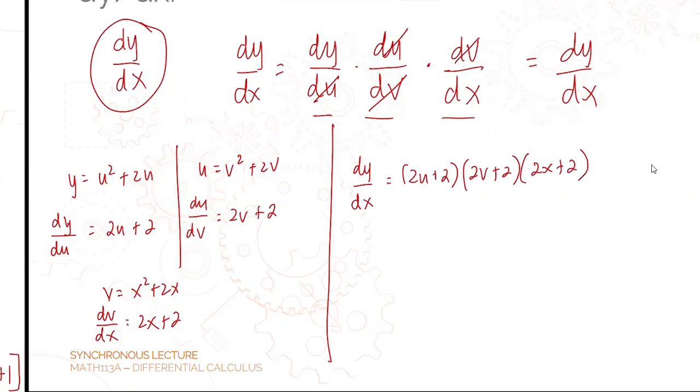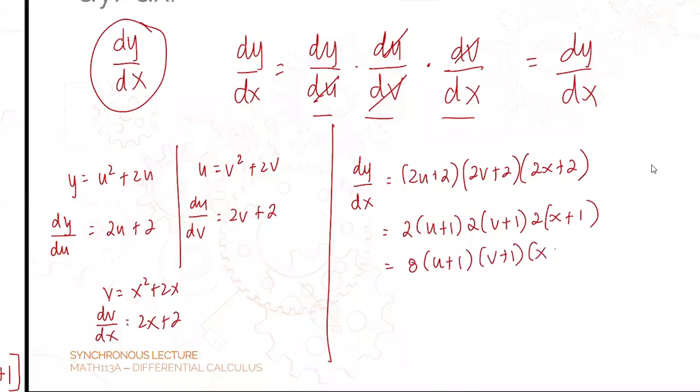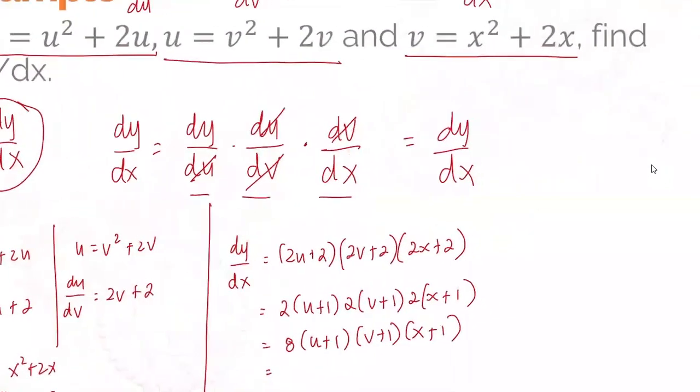So we can factor out the 2 from each: 2(u plus 1), 2(v plus 1), and 2(x plus 1). Or we can take it out as 8 times (u plus 1)(v plus 1)(x plus 1). And then we substitute the value of u, which is in terms of v squared.